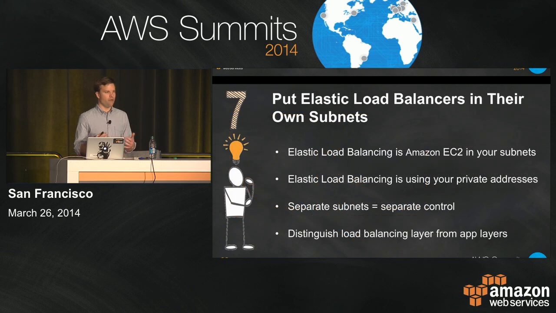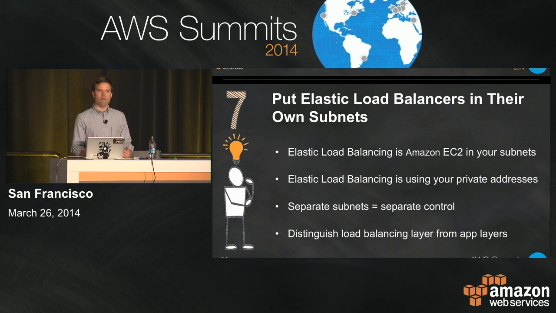And that brings up a good point in general for deploying elastic load balancers in virtual private clouds, is that most people might not realize that we're actually taking EC2 instances and we're taking IPs in your subnets. When you deploy ELB in a VPC, the underlying infrastructure is actually EC2. And it's taking IPs out of your private IP space.